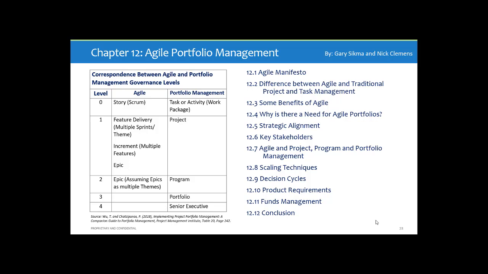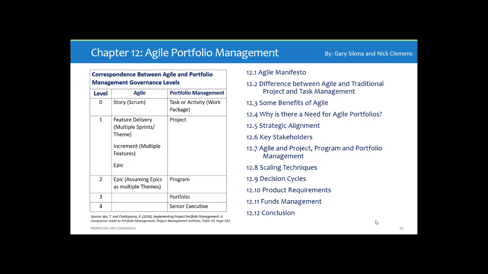The table on the left shows the correspondence between the Agile and portfolio management governance levels. Here we create an abstract scale of 0, 1, 2, 3, and 4. At level 0, you have the story, which in the Agile world, for example Scrum, could be mapped in the portfolio to a task, activity, or work package.